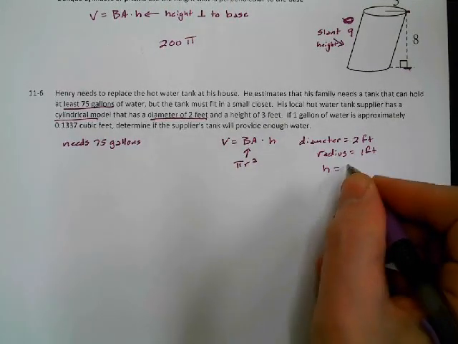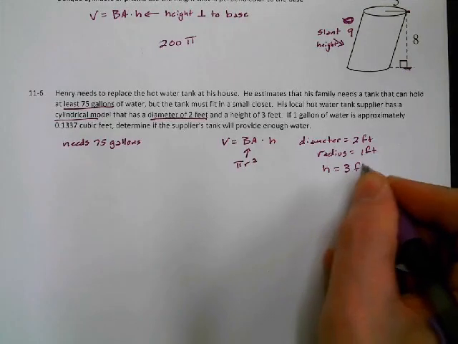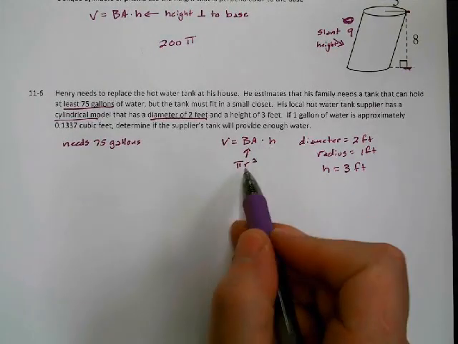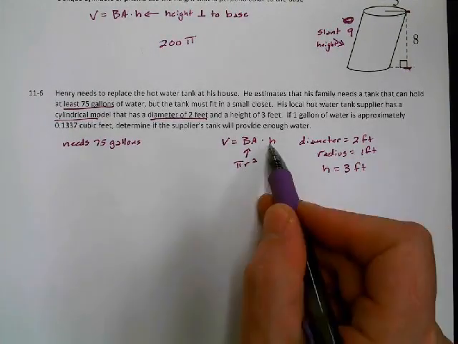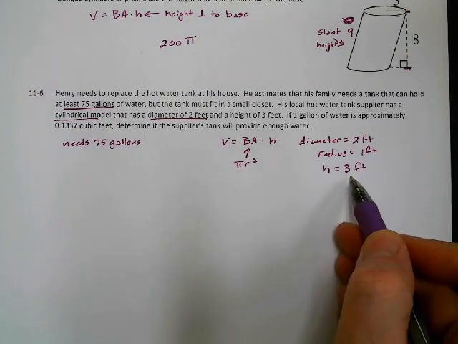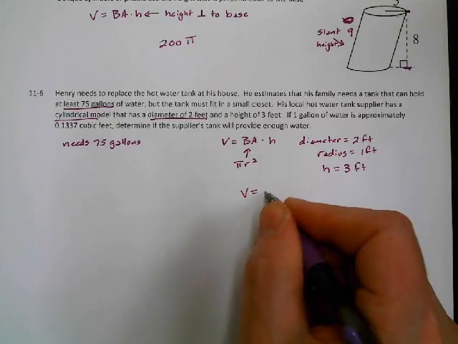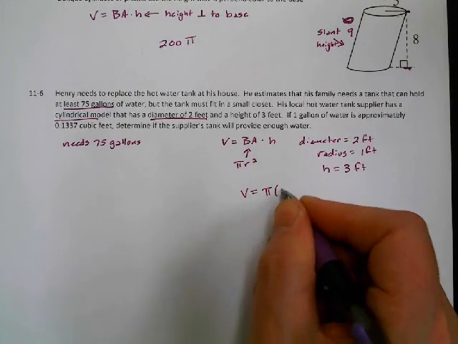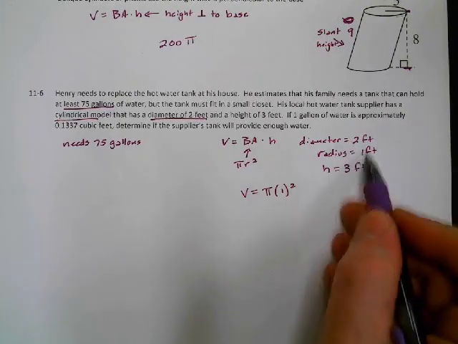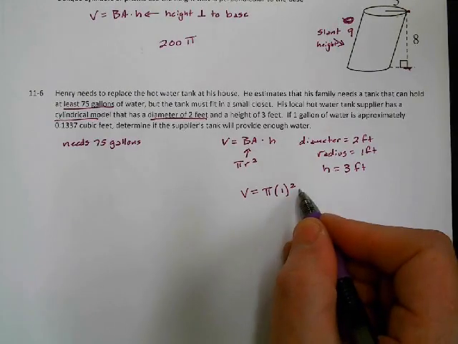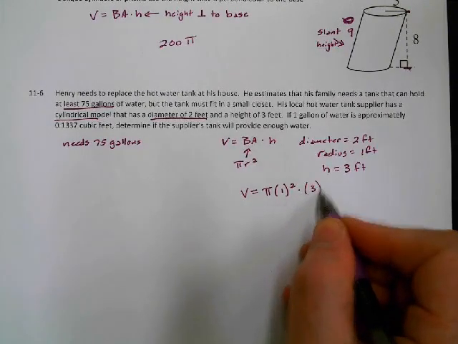I need a radius, got it. Height, got it. Oh, I can find my volume right now. Volume would equal pi times r, which is 1, because it's half the diameter, and then times the height of 3. So this is just pi, 1 pi. 1 pi times 3, 3 pi.